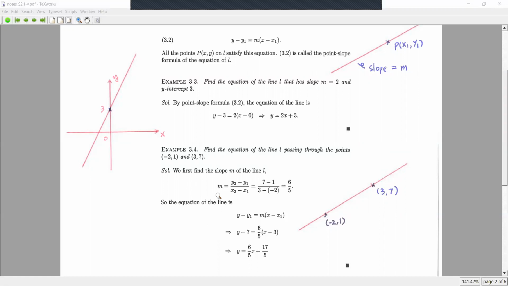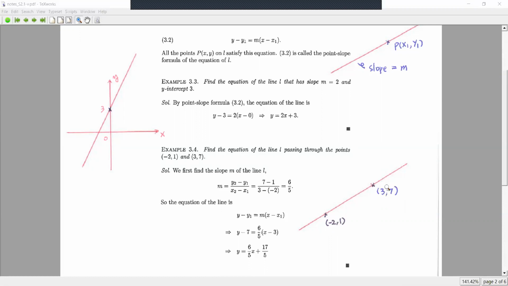By the slope formula, slope is (y2 minus y1) over (x2 minus x1). We have 2 points. Which point is y2? Which point is y1? It doesn't matter. Say, suppose this point is y2. This point is y1.